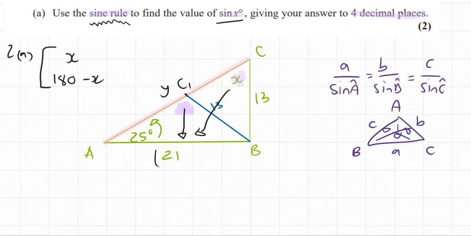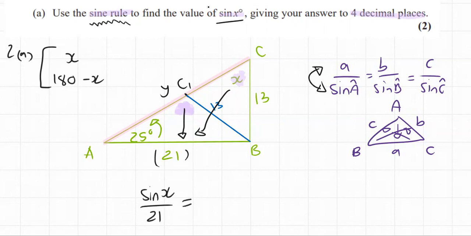It's opposite the side length 21. These are reversible. So if you want to find sine x, you want to put sine x on the top. So we put sine x on the top, sine of x, which is our angle, over 21.